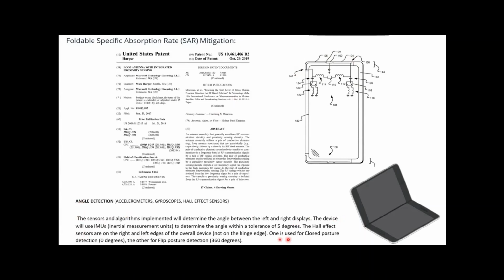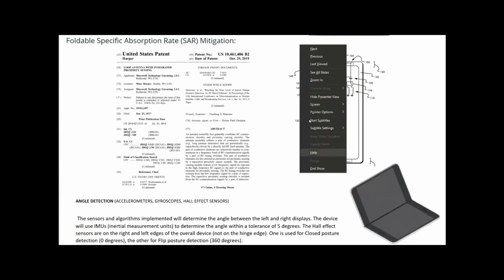And then we have another patent on using sensors and algorithms to work out the angle difference between these two devices. In conjunction with this idea, we can detect what mode we're in, and if there's a human next to us or not, and then we can apply a different type of power reduction in the modem to do that.